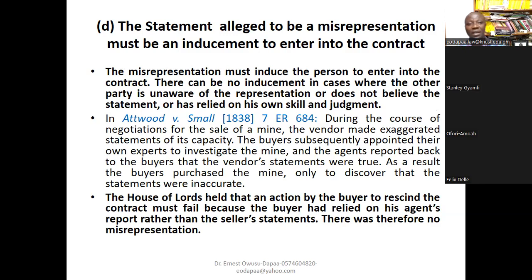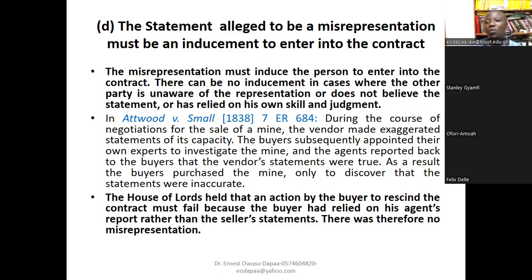Now, it is also worth noting that the misrepresentation must induce the person to enter into the contract. And we have, of course, made this point over and over again. The rider is that where you are unaware of the representation, a representation is made but you're not aware of it, you cannot complain that it influenced your judgment.